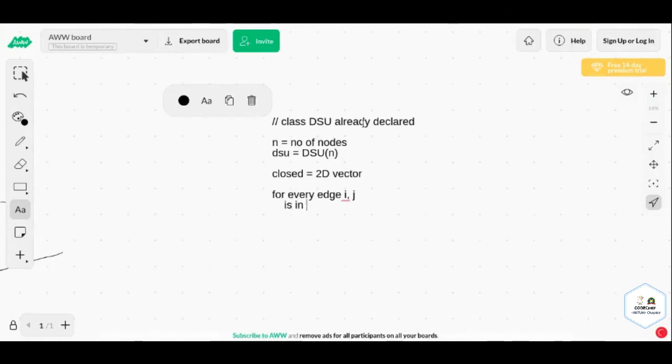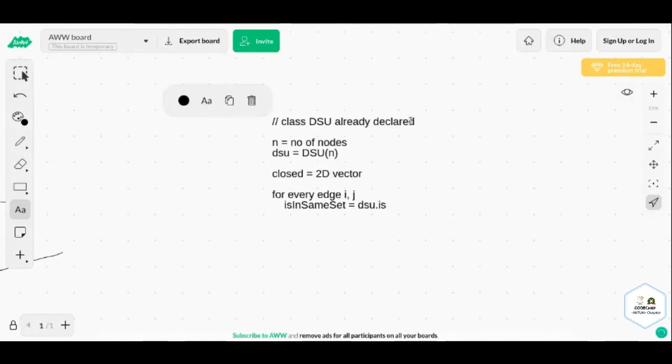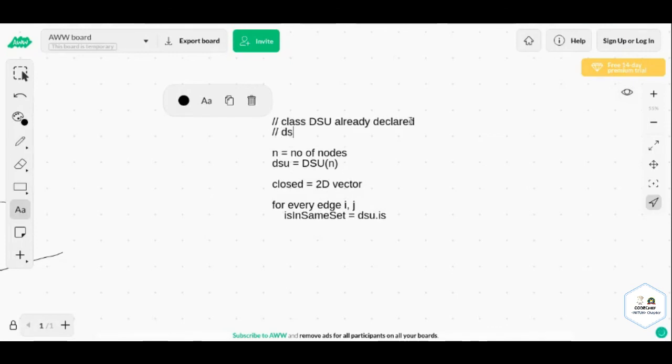So for every edge i and j, we will check if they are in the same set. Let's say DSU has a method, DSU dot isSame(v1, v2).